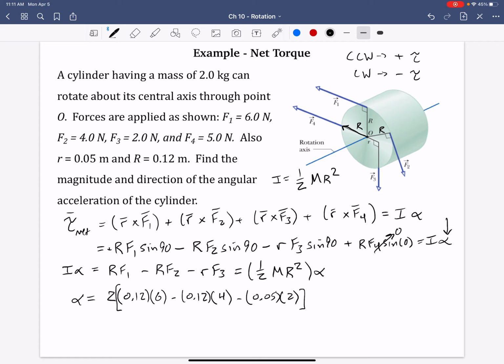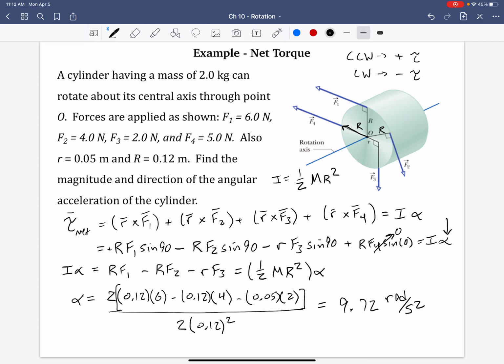That's all on top, divided by m r squared, so the mass is 2 times r squared, 0.12 quantity squared. If we evaluate this, we should get 9.72 radians per second squared. SI units in equals SI units out.